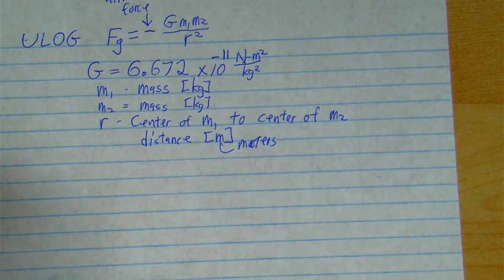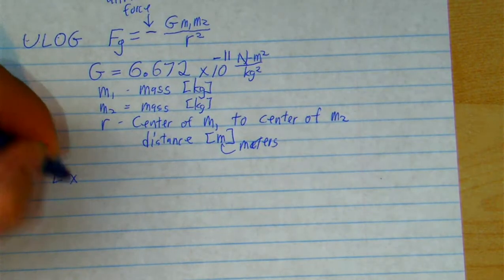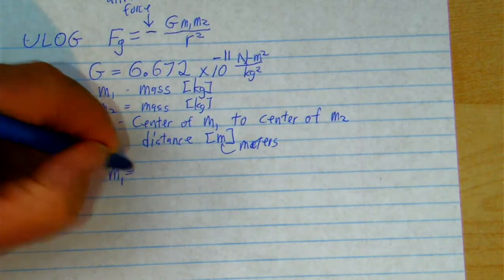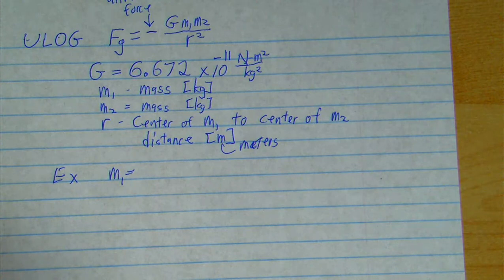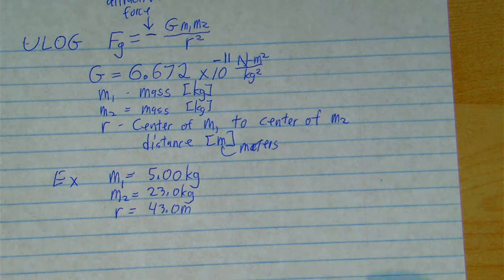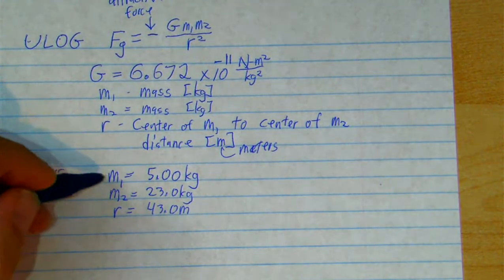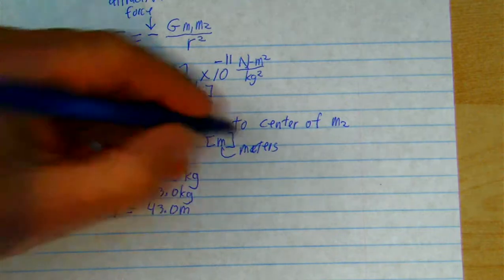Great. Let's do an example. I have a mass. From my students, I've asked them to generate 3 random numbers. The random mass of the first object is 5 kilograms.